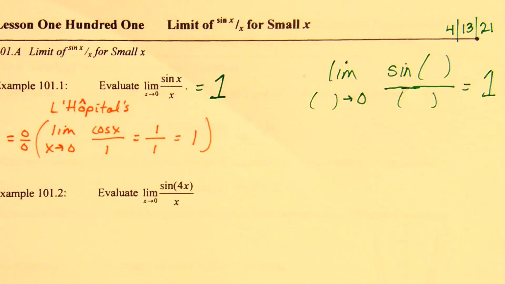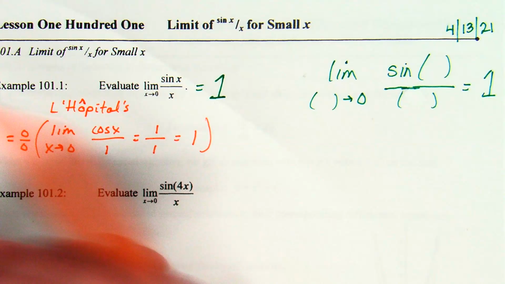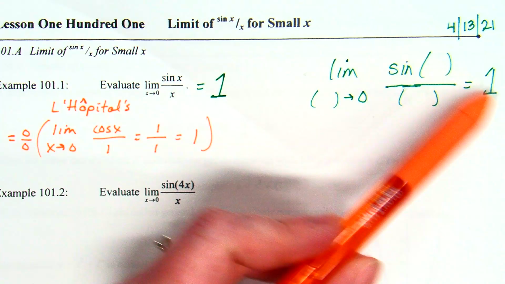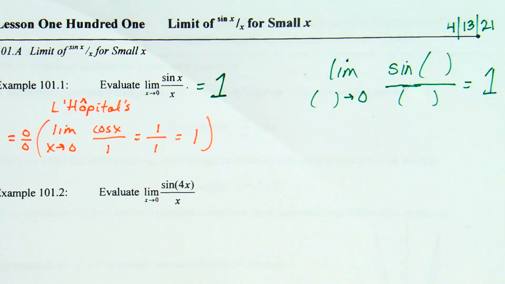So I just put a blank set of parentheses each time, trying to show you guys the idea that the limit you need to walk out of here knowing today. Okay, generally if it says the limit as x approaches 0 of sine x over x equals 1. Now, keep in mind there could be slight changes, but the idea is if all 3 of these are the same, it's going to equal 1.